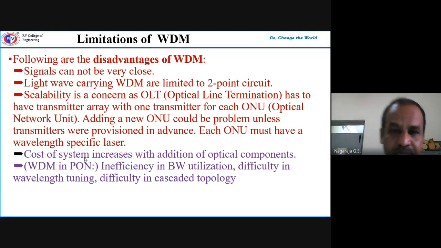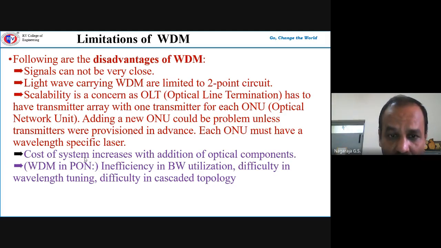Scalability is a concern, as an OLT, optical line termination, has to have a transmitter array with one transmitter for each ONU, optical network unit, because you cannot extend like Ethernet technology, where you have a port and you can add up and scale up your network, but it's not that easy in the case of fiber optics.